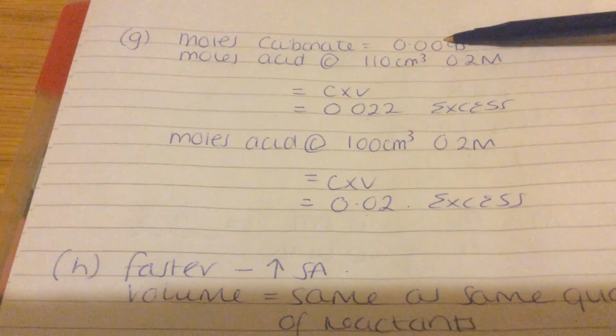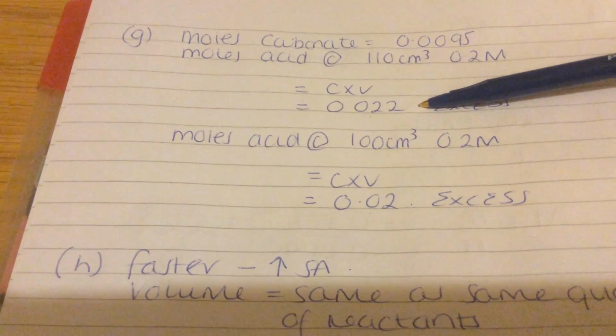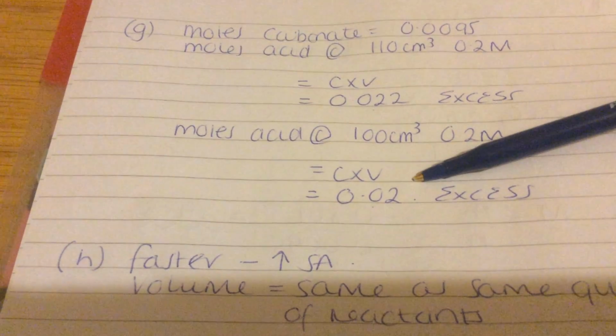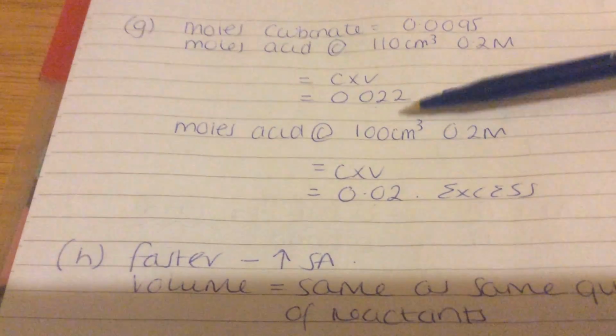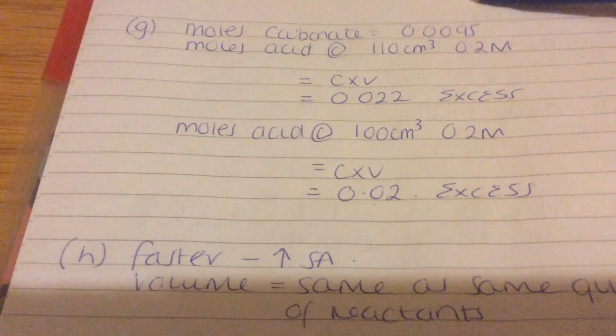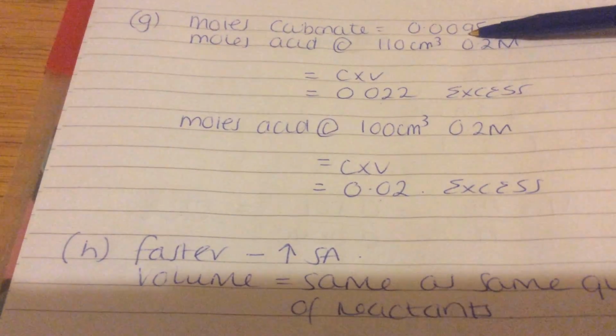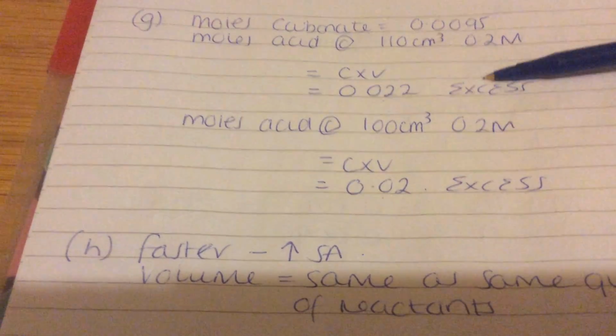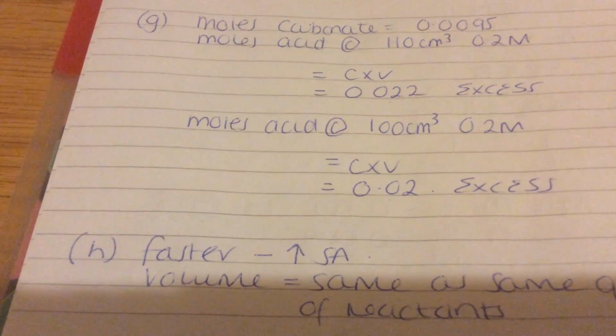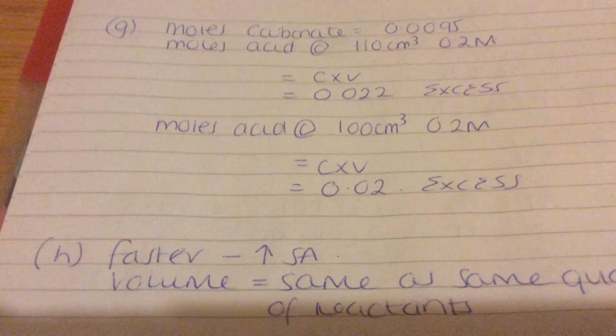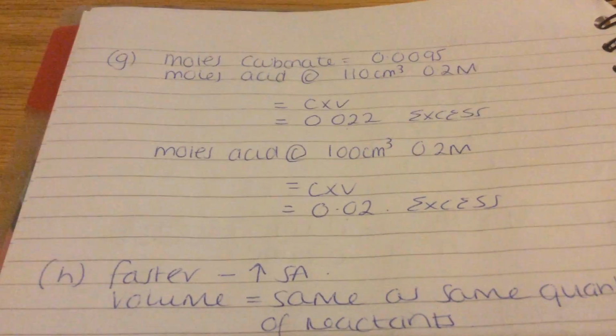This is in excess of the moles of carbonate. If we only use 100, we end up with 0.02. This is still in excess of the number of moles of carbonate, which means that when all of the carbonate has reacted, we will still have some acid left over. Therefore, on this occasion, using a wrong volume of acid is not going to have any impact on the experiment as such.